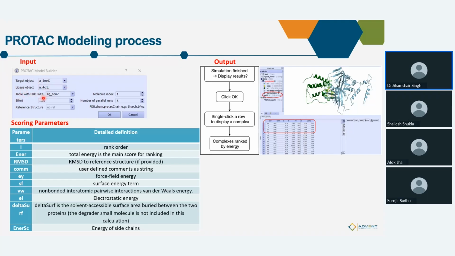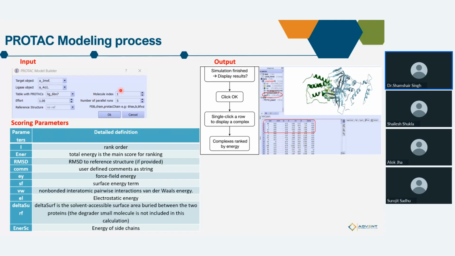All you need is the 2D structure of the PROTAC which you want to dock onto these two. It must have the bifunctional sides, so it should have the moiety of the target object and also the ligand for the ligase. You should have that kind of design.